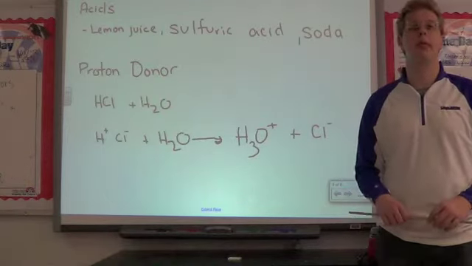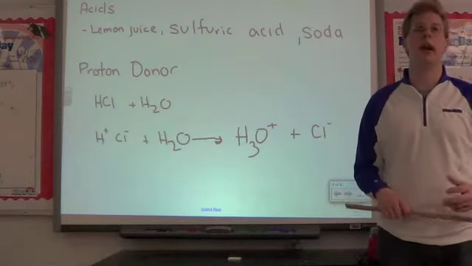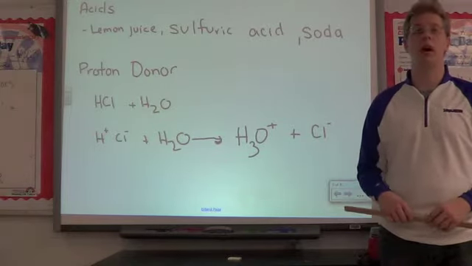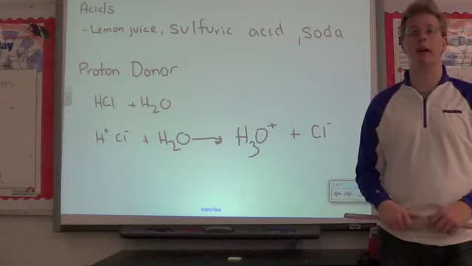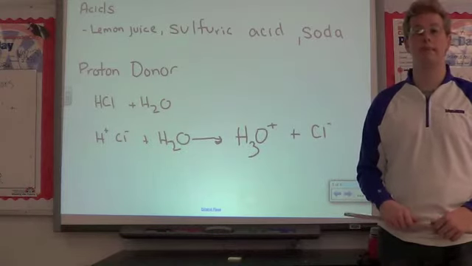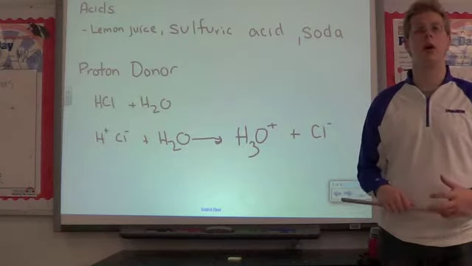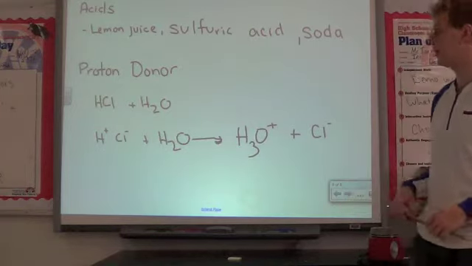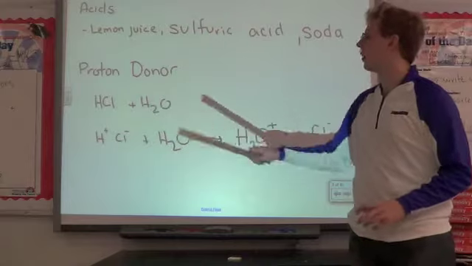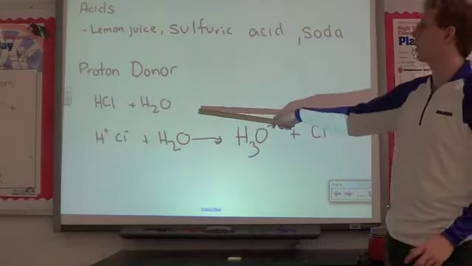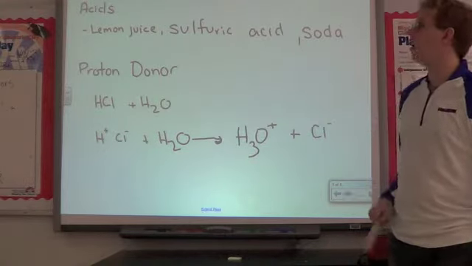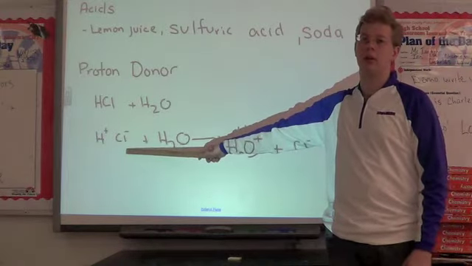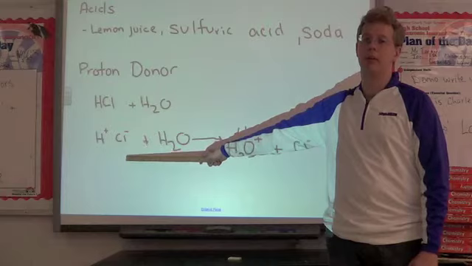A few examples here of acids we've looked at and talked about have been lemon juice, soda, hydrochloric acid, battery acid, sulfuric acid. Okay, these are all considered acids. And what it means to be a proton donor here is that when I have a reaction between something like hydrochloric acid and water, when you put the hydrochloric acid in water, what happens is the hydrochloric acid breaks down into H+ and Cl-.